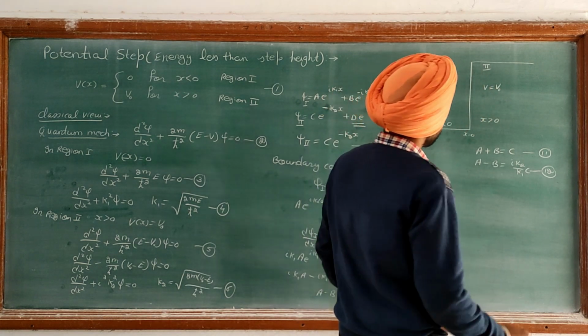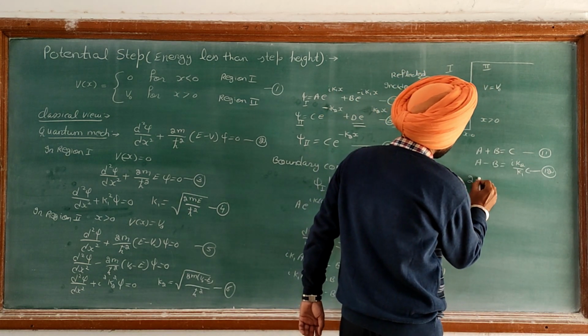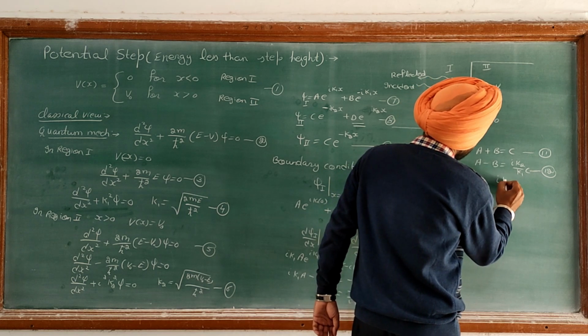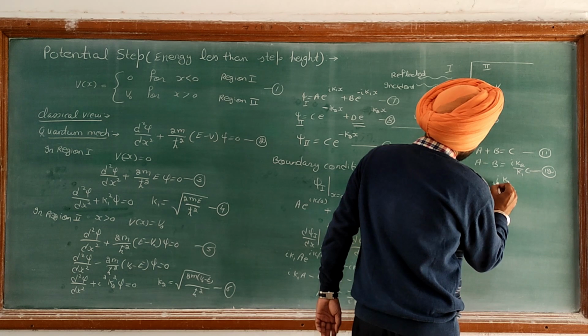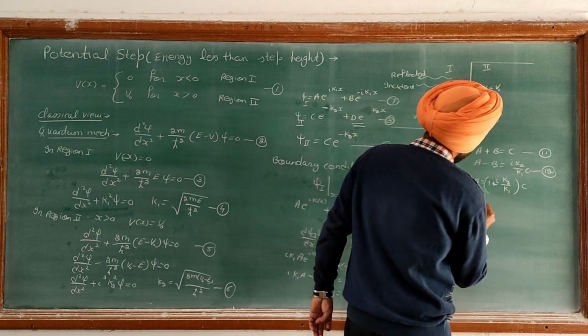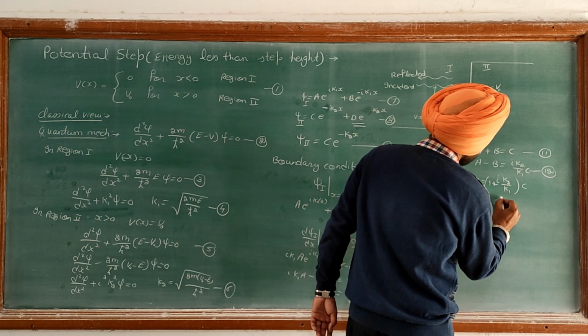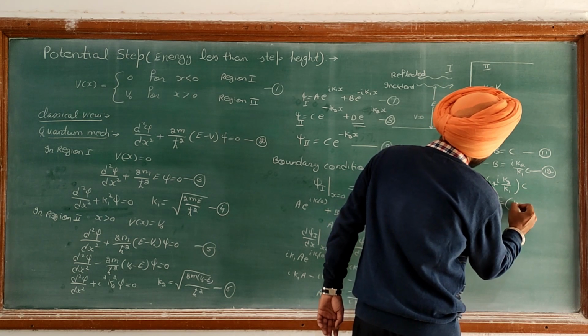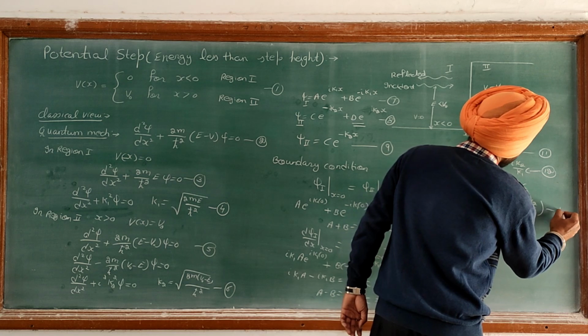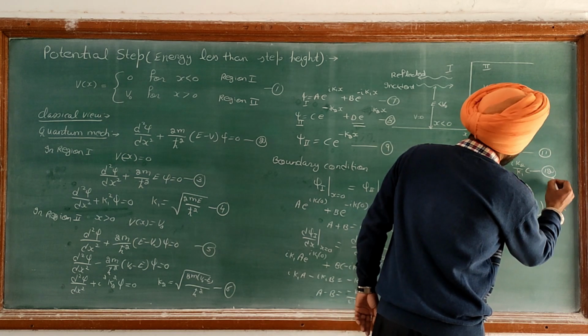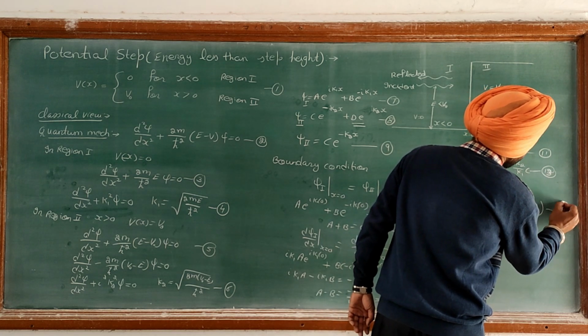Now if we add these two equations, we have 2A is equal to 1 plus iota k2 upon k1 into C. So we have A is equal to C upon 2 into 1 plus iota k2 upon k1. Let it be equation number 14.